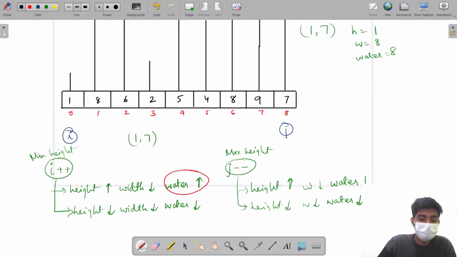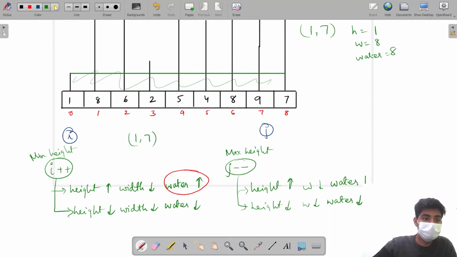But now, if we decrease this J, or let's say this was my old container, and if we reduce this J now, my new container will be like this. Is there a difference between this container and the one where the value was 3? There is not a difference, right? Because it is still dependent on this one. This one is still my minimum.